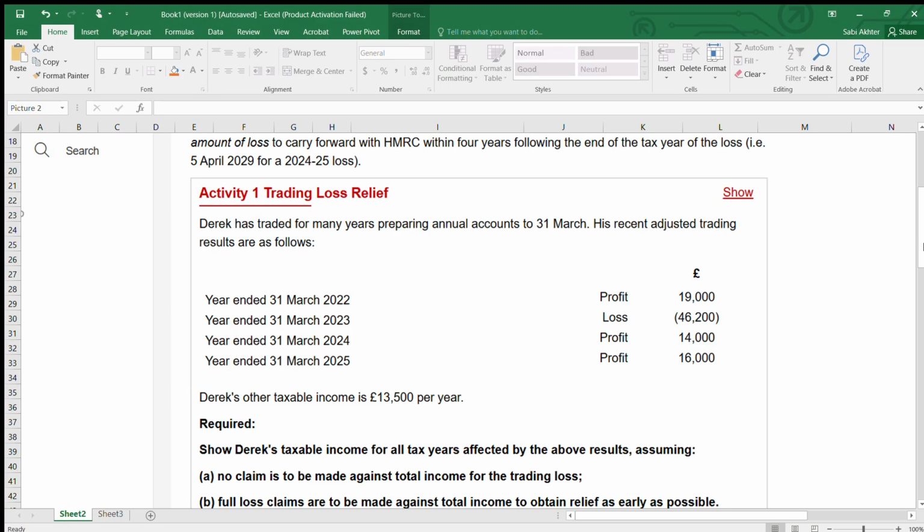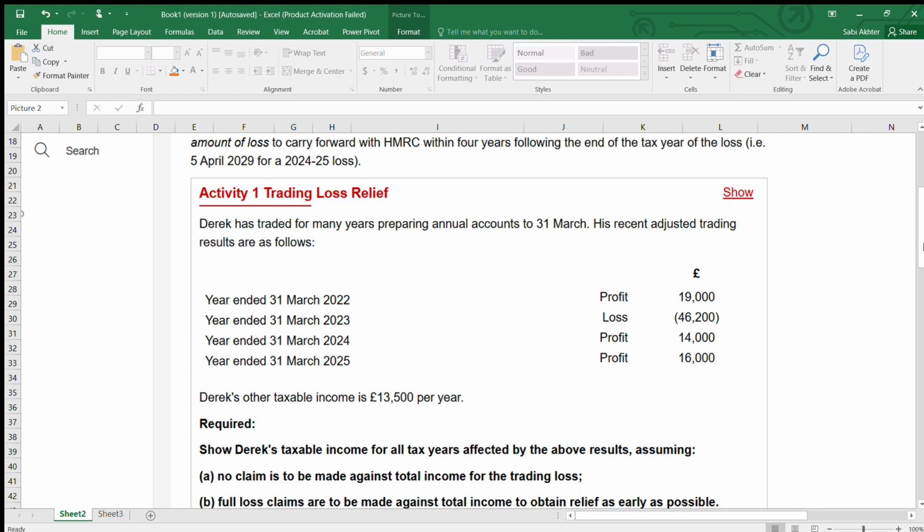Whenever you are given a question on loss relief, remember you have to draw up columns for the different tax years. Now, how many tax years are there? 4 tax years. And one, of course, you'll be keeping for the description. And very important, you need to understand in which tax year the loss arose.